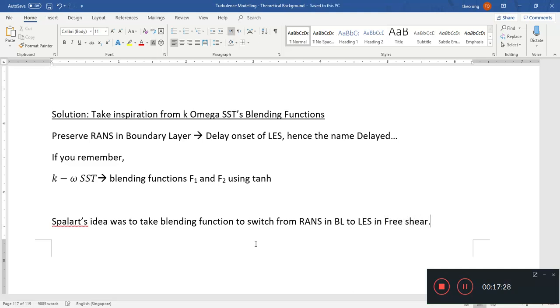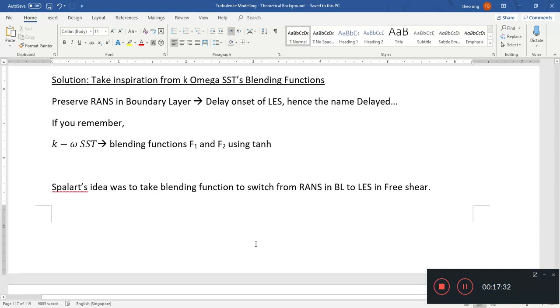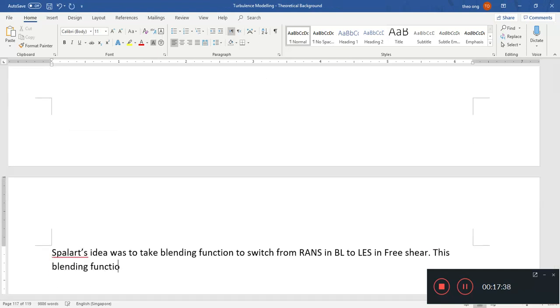This is what he did with the DDES. So this blending function is the key change from DES to DDES.